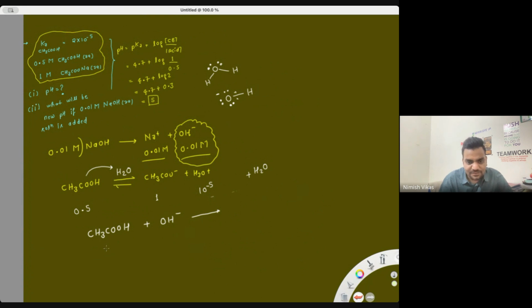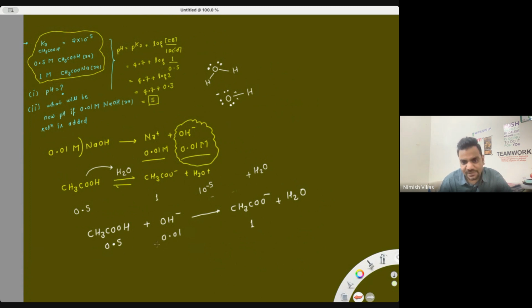Acetic acid in the solution we had 0.5. OH minus ion which we have added from outside is 0.01. And in this reaction, OH minus ion will make acetate ion by taking the H plus from acetic acid, plus water. Keep in mind we already had acetate ion in solution. It was 1 molar.